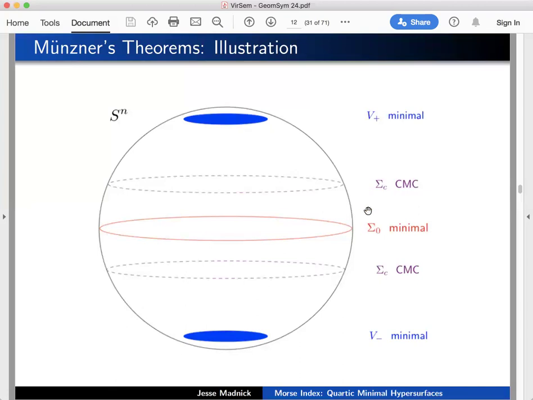And then you have, I don't know, sigma 1/2, sigma 3/4, sigma 5/6 or whatever. And these are all CMC. And then here the north polar ice cap or something is a minimal submanifold of high codimension. So it's just a very beautiful way of breaking up a sphere into pieces. And in fact, I find that these particular hypersurfaces and high codimension submanifolds seem to show up quite a lot in various contexts.